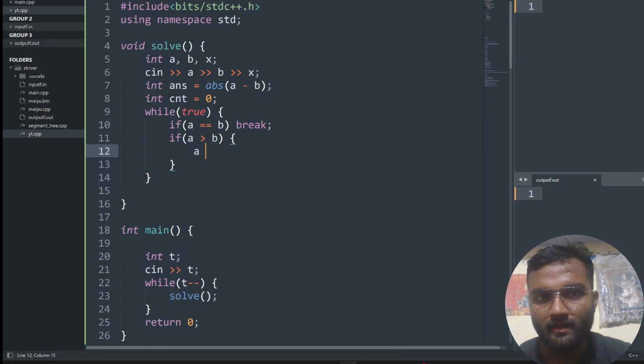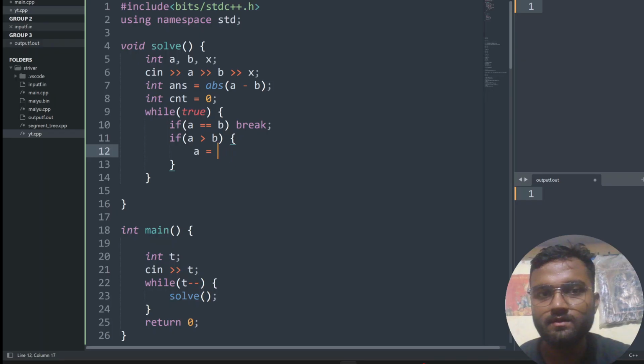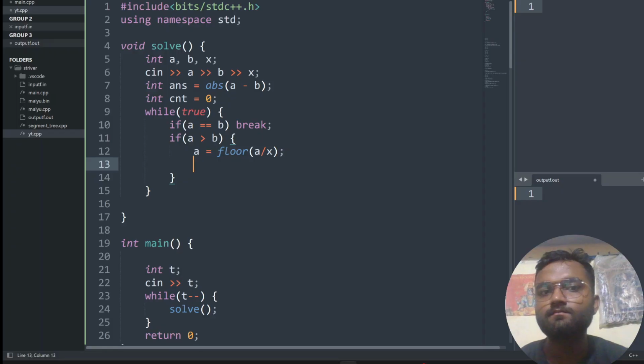The new a will be a by x, but before that we have to take the floor value of a by x. So that means I have done one operation, and we do count plus plus.